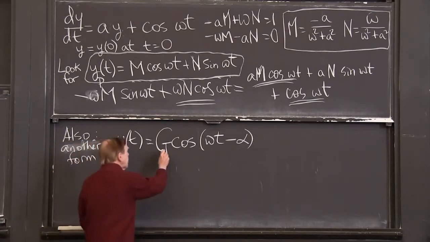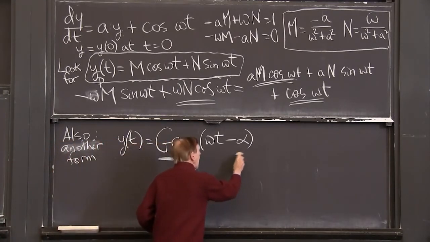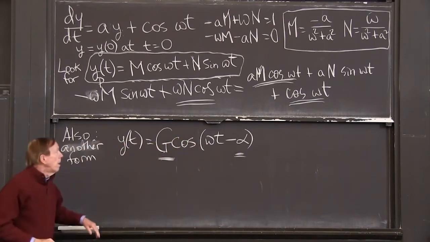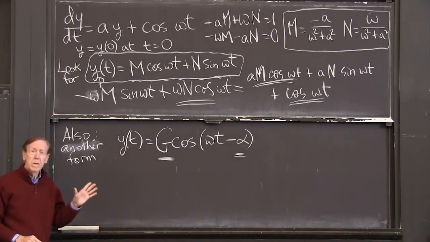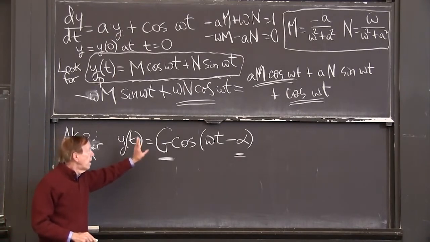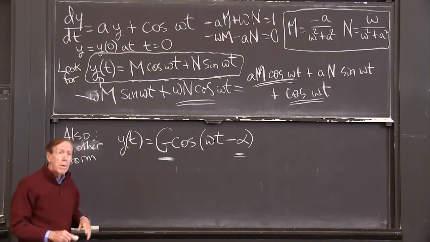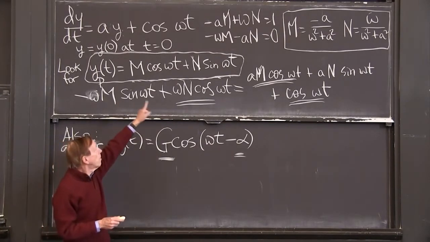So I want to match this, which has the g and the alpha. Polar coordinates is really the right way to think of this: g and an alpha, a magnitude and an angle. I want to match that with the form I already had.